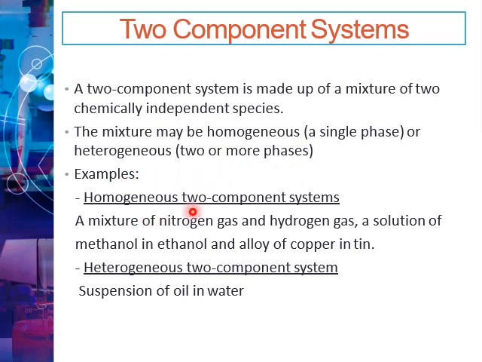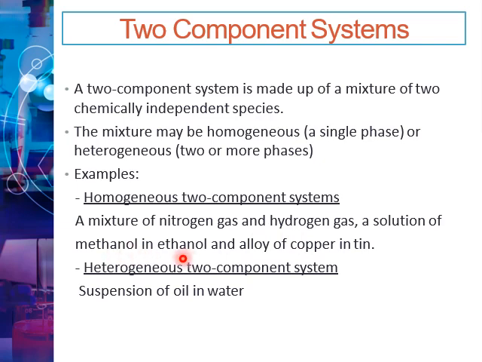For example, for homogeneous two component systems, we have nitrogen gas and hydrogen gas, or methanol in ethanol, or an alloy of copper in tin. There are two components with different formulas, but they are homogeneous to each other. For example, nitrogen gas and hydrogen gas are two different components, but they can mix together because they are gases.